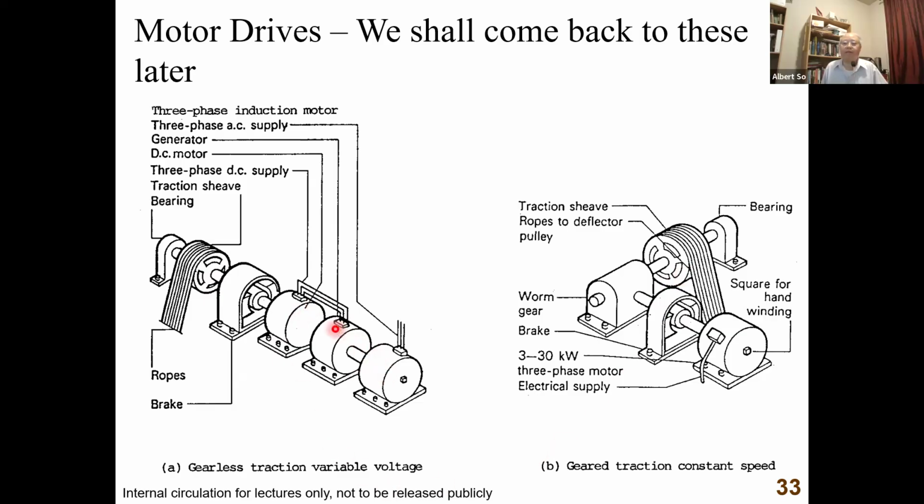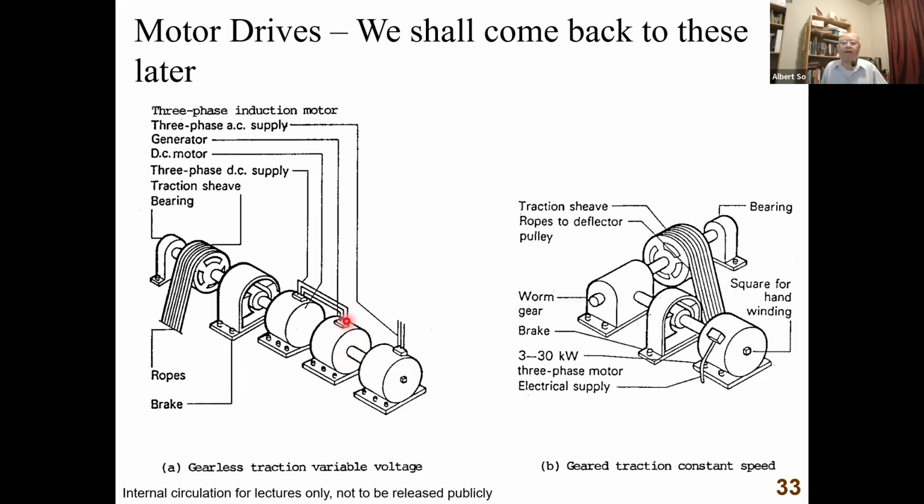So in the past, how could you control the DC motor? By varying the voltage applied to the motor. And you need an induction motor, a three-phase motor, driving the DC generator.